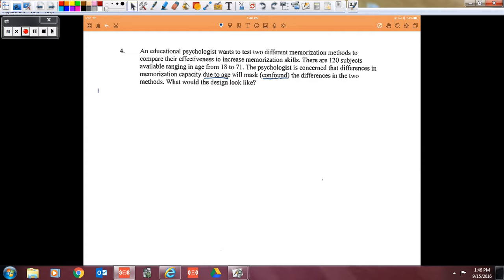So first, what is the explanatory variable that we're testing here? Okay, that's what we're measuring, but what is the thing actually doing the increasing of the memorization skills? Perfect, yes. Memorization method. So memory method. And there's memory method 1 and 2. You don't have to, but I'm always doing it because I just think it's a good way to start.